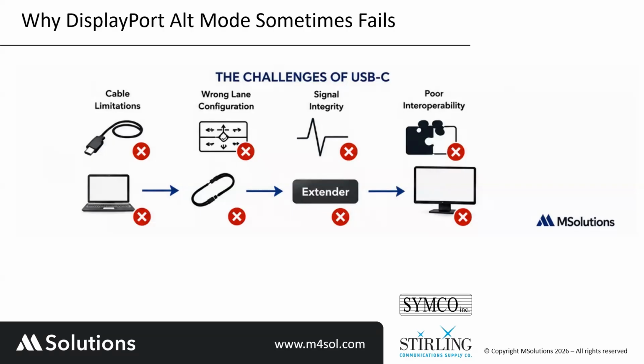That's related to what I said about the high-speed pairs inside the cable. It is possible that we will use only 2 lanes for video transmission, and we would like to use the other 2 lanes for USB 3.0.